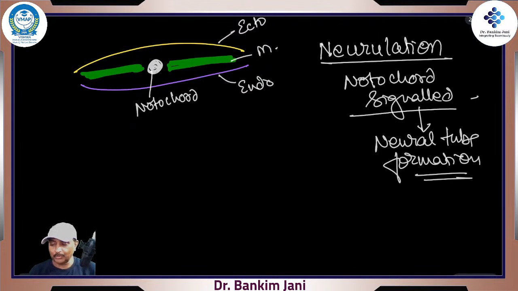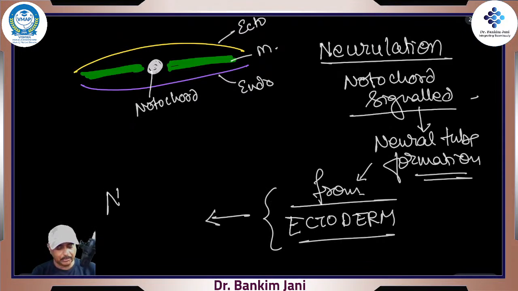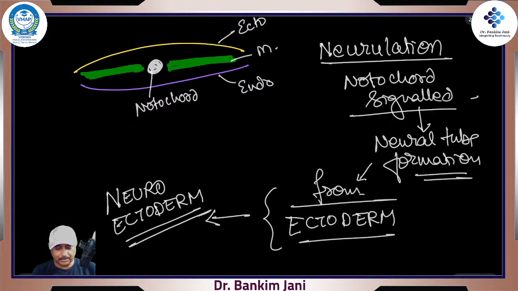The notochord can tell only the ectoderm, because that's the area from where things will form. So the neural tube formation would be from ectoderm, and because the notochord has sent the signal, we now name it neuroectoderm. Ectoderm is like a storage with cells. It will say, send a few cells, you all become neuroectoderm.